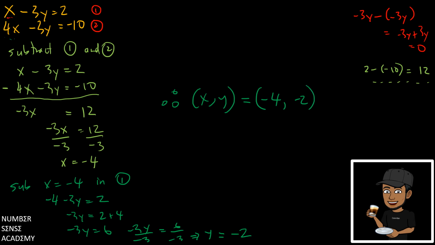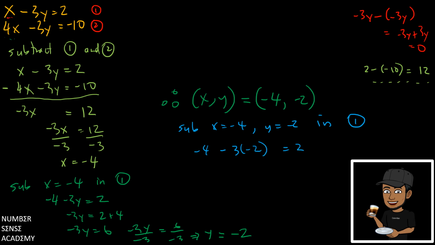All right? And we could do a quick check. I'm going to sub these values into equation 1. So sub x equals negative 4 and y equals negative 2 in equation 1. And I end up with negative 4 minus 3 times negative 2 is equal to 2.